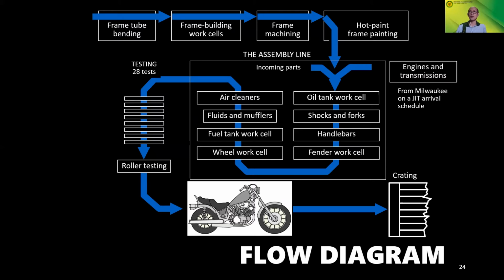The assembly line involves oil tank work cell, shocks and forks, handlebars, fender work cell, then wheel work cell, fuel tank, and so on and so forth until the final product is shipped to the final consumer. That's why the last step found here is crating. I think, if I'm not mistaken, crating is putting all the products ready for transportation.